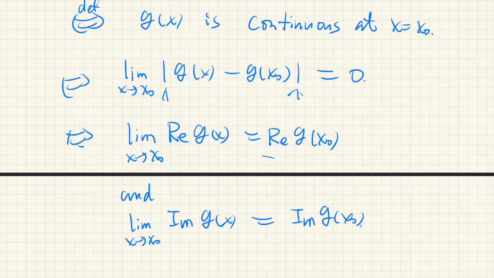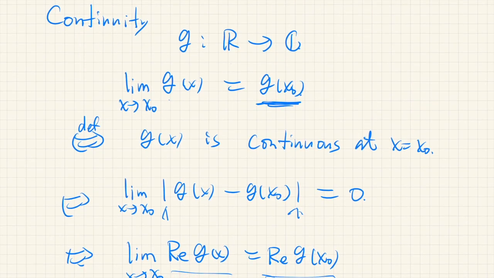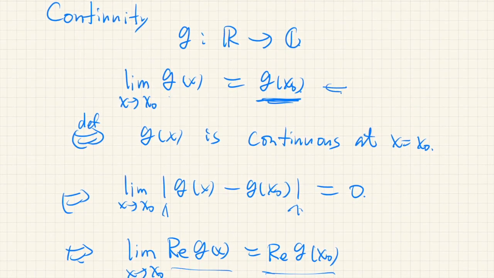So this real part and the imaginary part are real valued functions. So we can deal with them just like any other real valued functions, which is already clearly defined. So that's what we mean by a continuous function for a complex valued function.